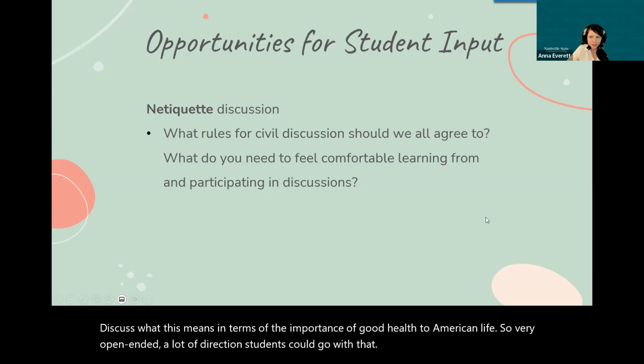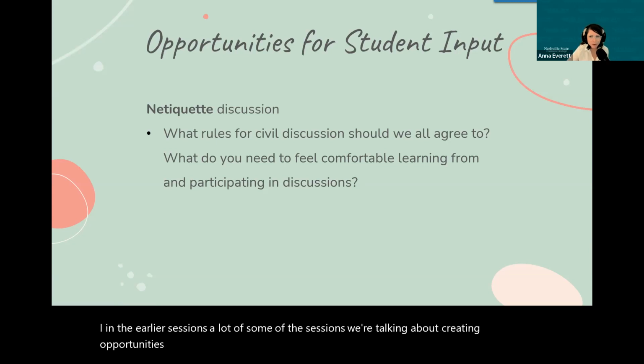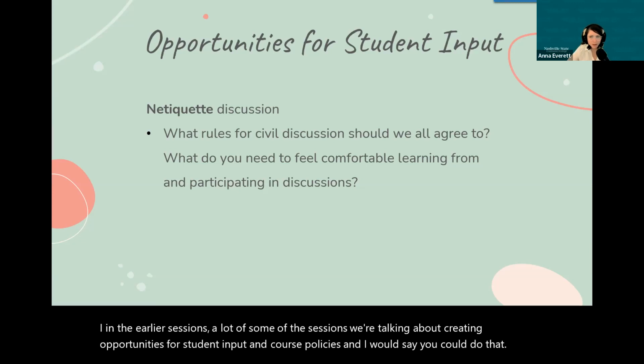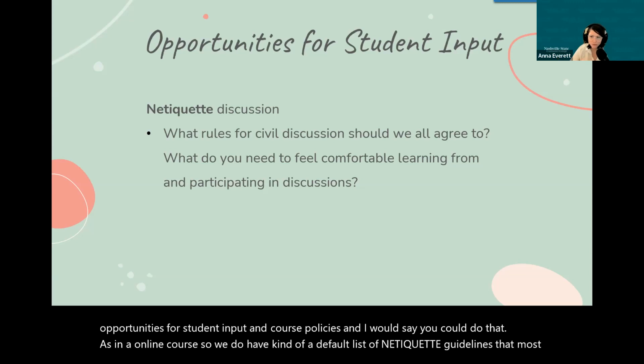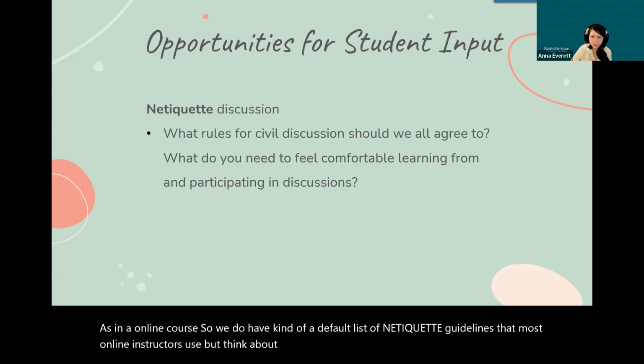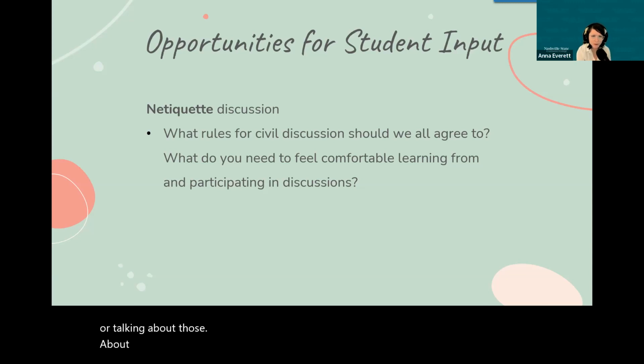In the earlier sessions, some of the sessions were talking about creating opportunities for student input in course policies, and I would say you could do that as well in an online course. So we do have a default list of netiquette guidelines that most online instructors use, but think about ways that you might pull students into thinking or talking about netiquette and about civil discussion in an actual discussion.